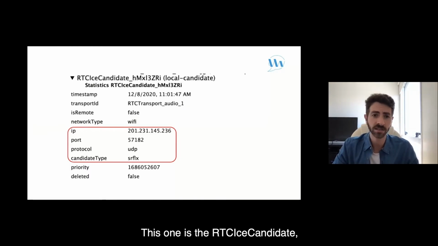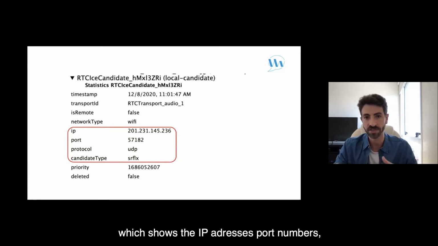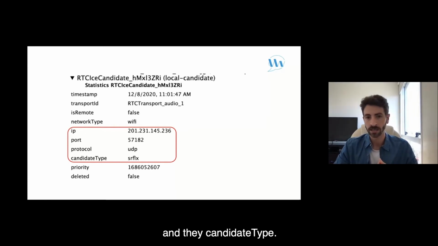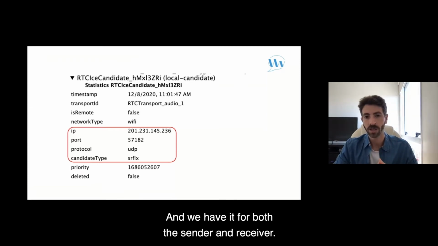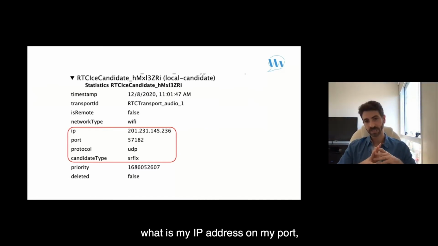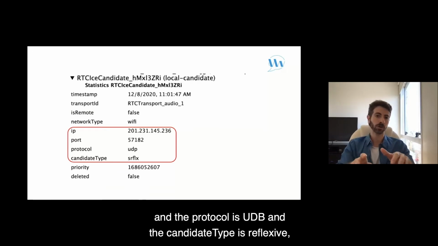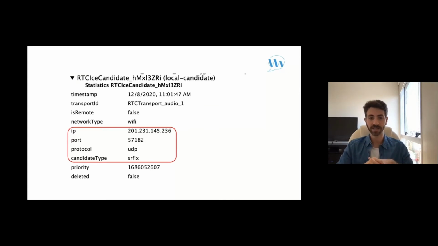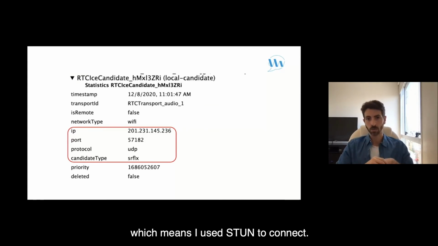This one is the RTC ICE candidate, which shows the IP addresses, port numbers, and the candidate type. And we have it for both the sender and the receiver. For example, here we see what is my IP address and my port, and the protocol is UDP, and the candidate type is reflexive, which means I used STUN to connect.